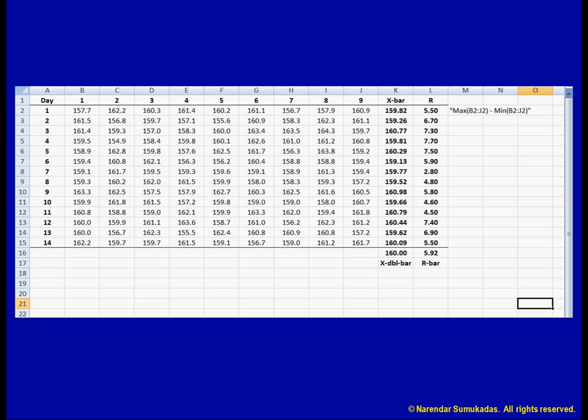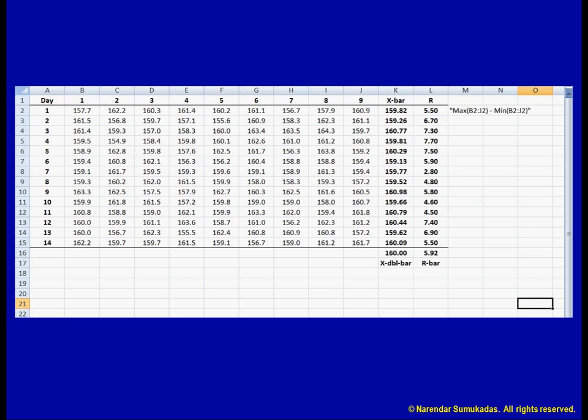The X bar values will be plotted on the X bar chart, and the R values will be plotted on the R chart. The center line for the X bar chart will be the mean of the sample means, or X double bar. Likewise, the center line for the R chart will be the mean of the sample ranges, or R bar. But without the standard deviation, how do I get the UCL and LCL?